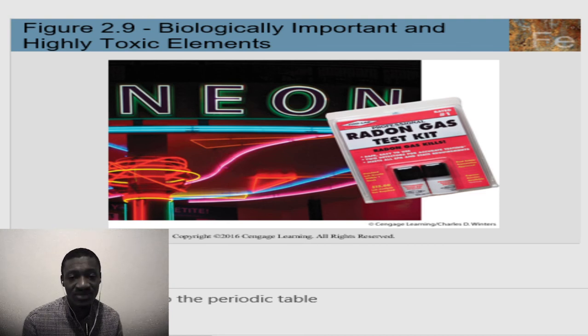So they have breathing issues and a whole lot of complications that will cause death in the long run if not properly taken care of. So that's why people are very keen on ensuring that their houses don't have radon, because you can be inhaling radon in your house and not even know it, because it's generated from soil.